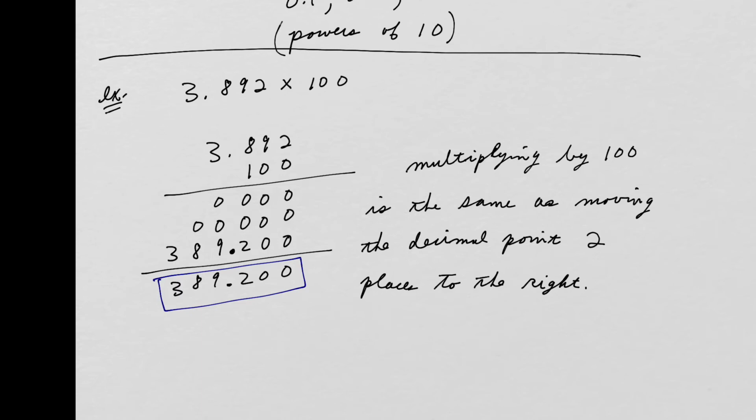How do you know it's to the right? Because it's going to be a much larger number. I'm multiplying by 100, so it's much larger, so I have to move the decimal point to the right.